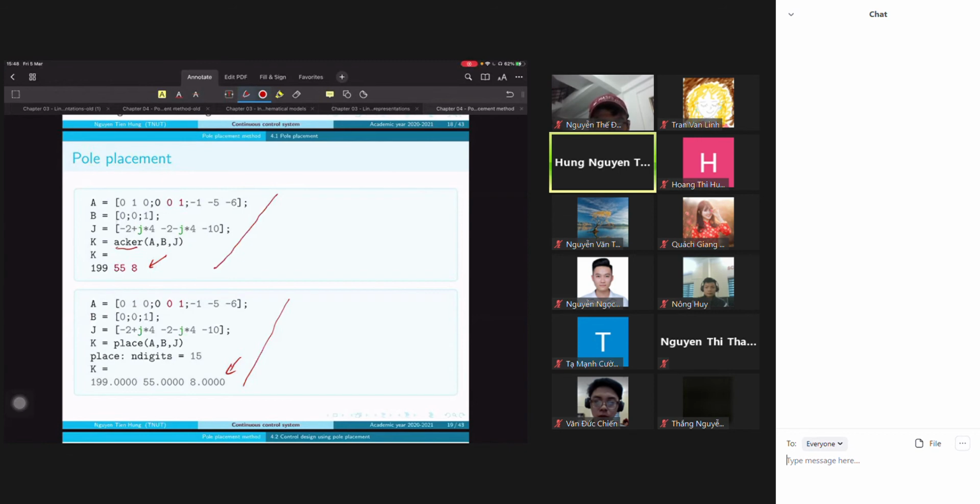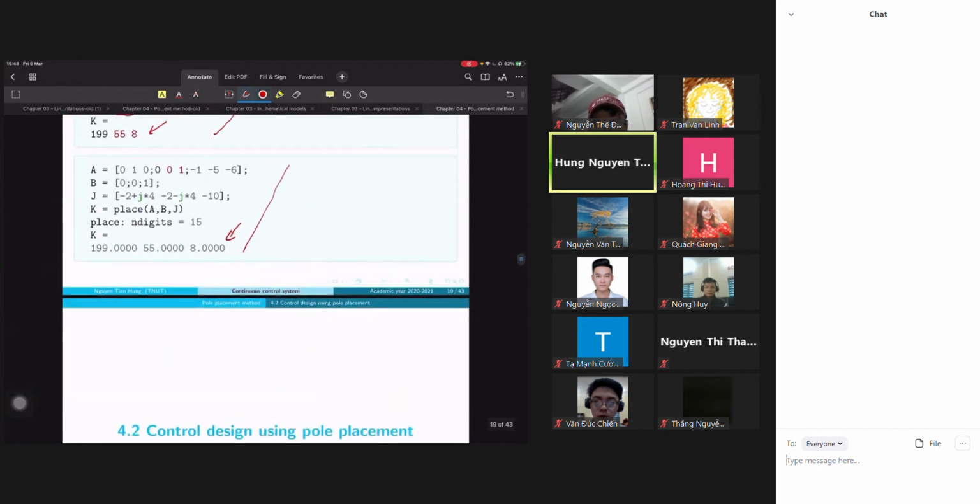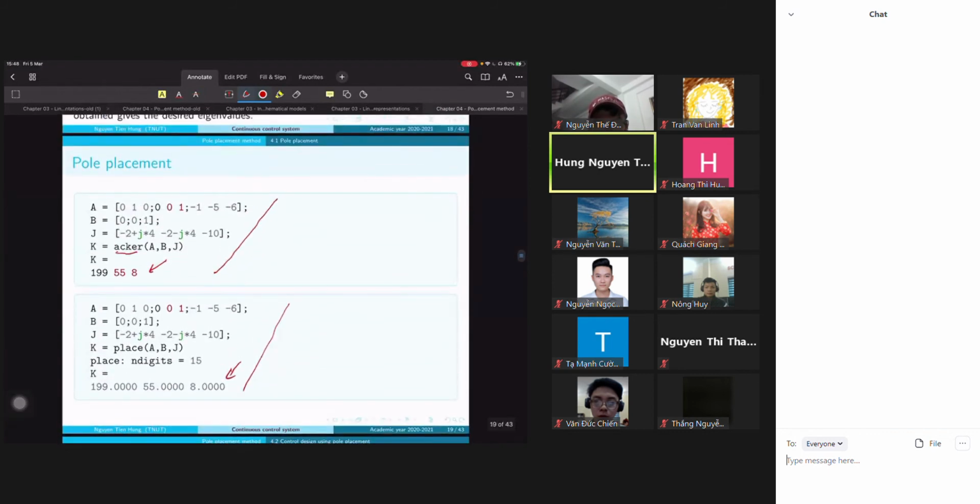Okay, so you see that this is the MATLAB code for the pole placement problem, and you see that it is very easy. And now we will see another problem for pole placement. Now we will consider a practical problem.